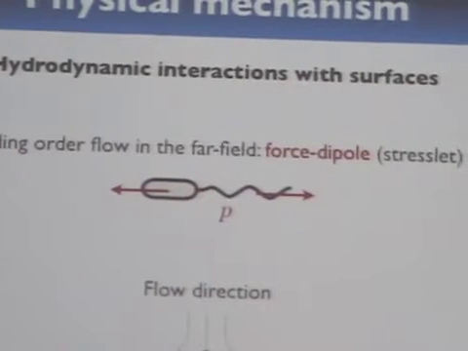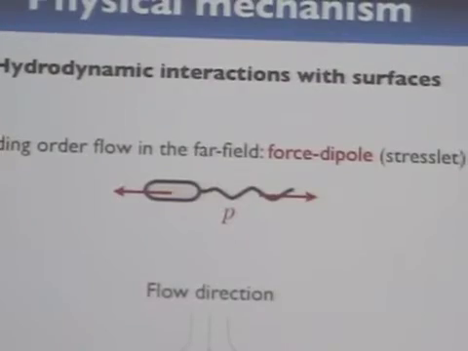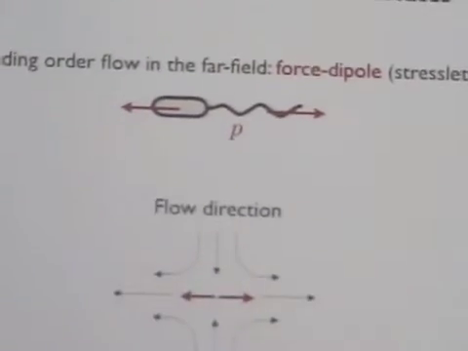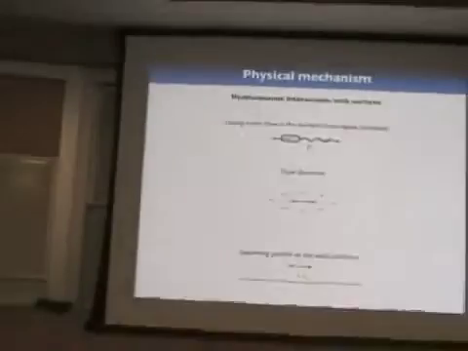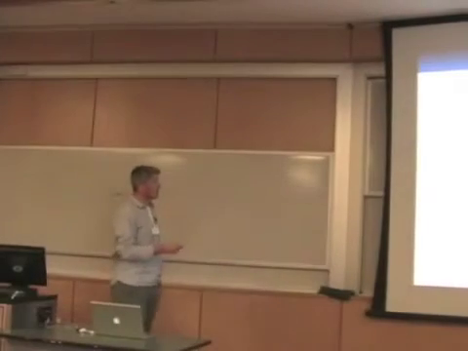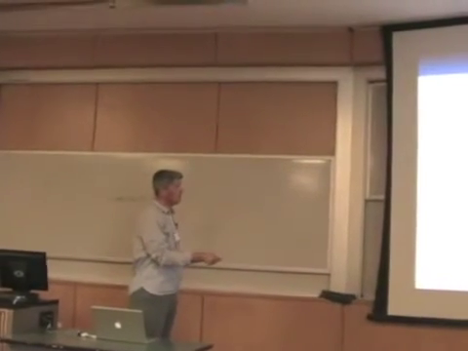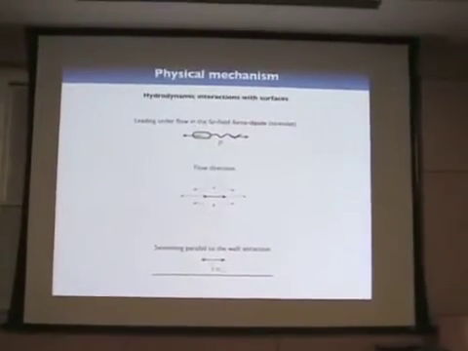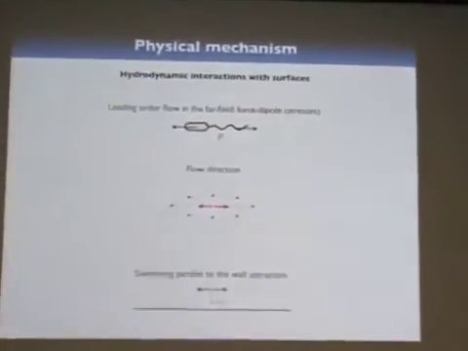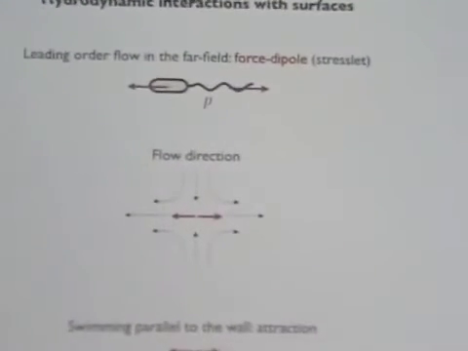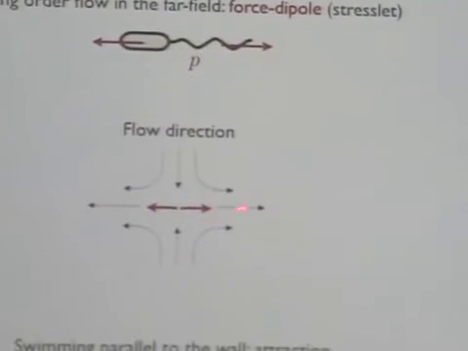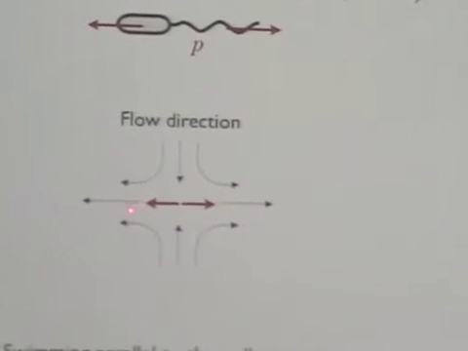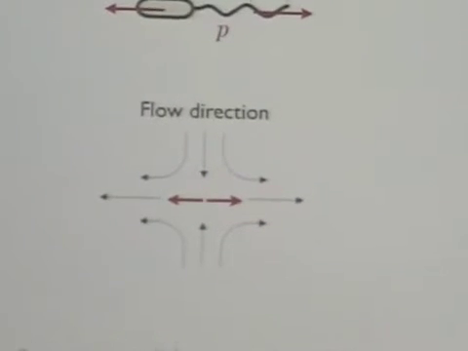Far away from the cell, you can think of it as a disturbance to the flow. If the cell was not here, the flow would be quiescent, but if you put the cell in, a net flow is created. This disturbance is, to a very good approximation, that due to a force dipole. So you can think of the cell, at least further away than the size of the cell, as this red dipole. The flow field induced by this dipole is divergent, going away from the cell in the direction in which it's swimming.